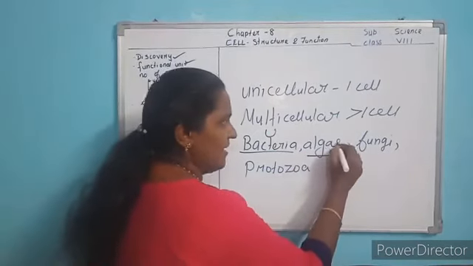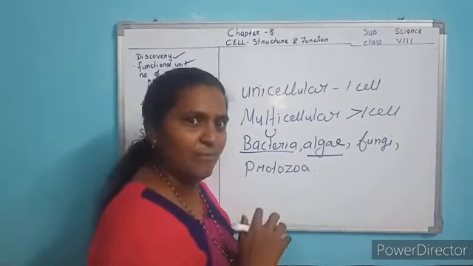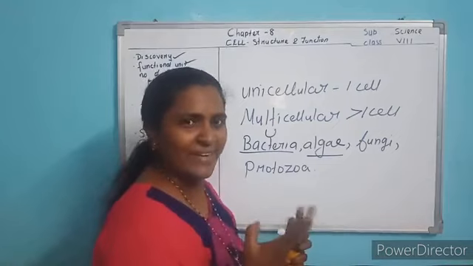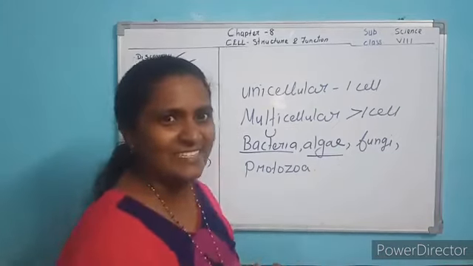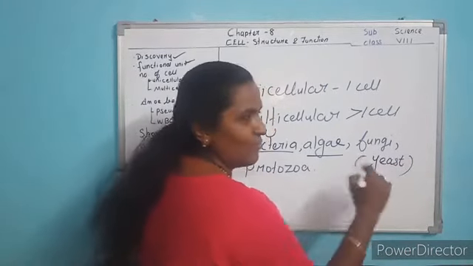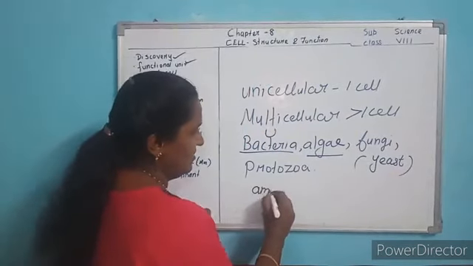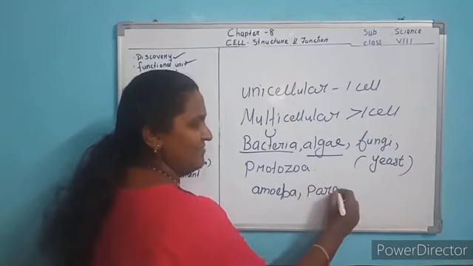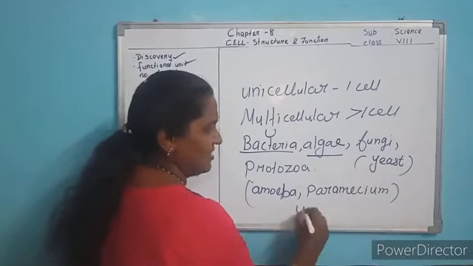In algae, some are unicellular and some are multicellular. Blue-green algae are unicellular. In fungi, yeast is unicellular. It has only one cell. In protozoa, amoeba and paramecium are unicellular.